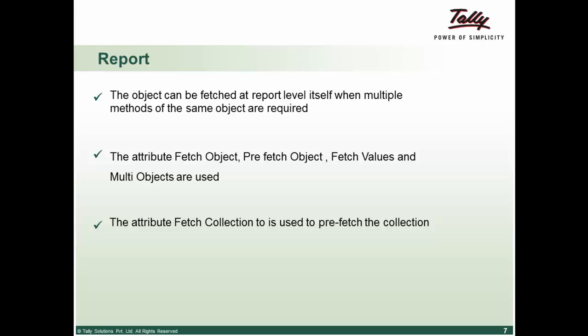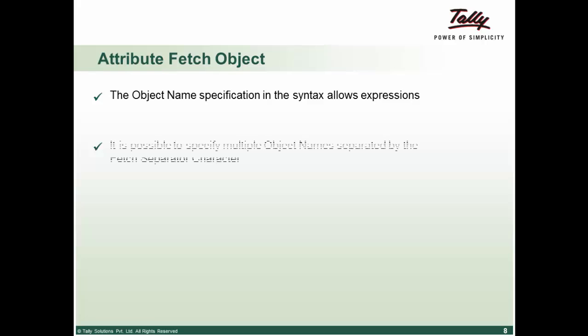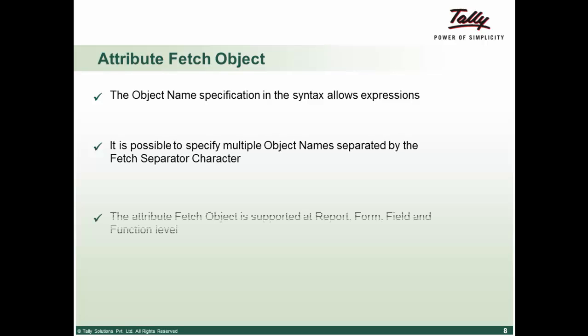Before we actually use these attributes, let us just understand what each attribute does and what the syntax is, and then we'll go to the examples of these attributes. There is an attribute called fetch object, in which you need to specify the object that you need, which can be an expression. It has to be an object.